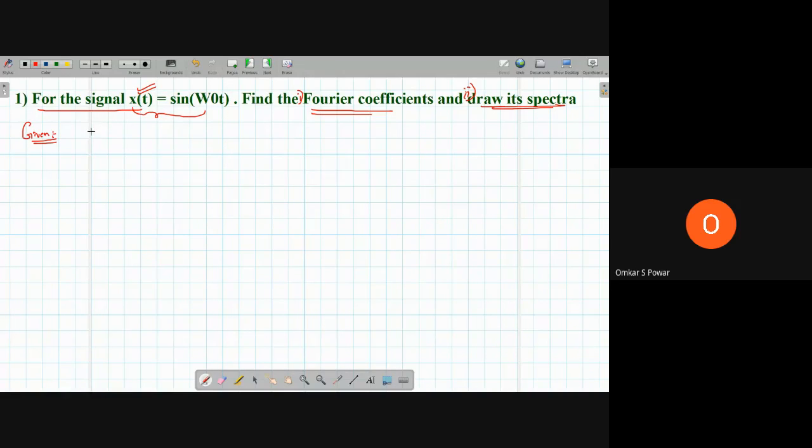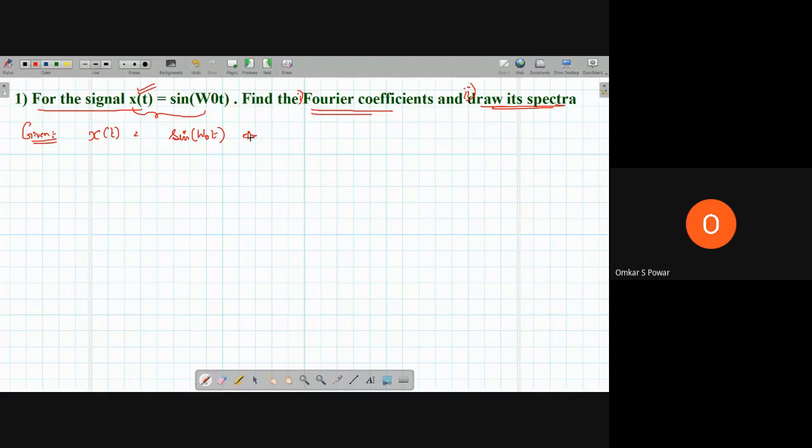Okay, so we have the given signal x(t) = sin(ω0 t). What we are learning here is decomposing signals into complex exponentials.